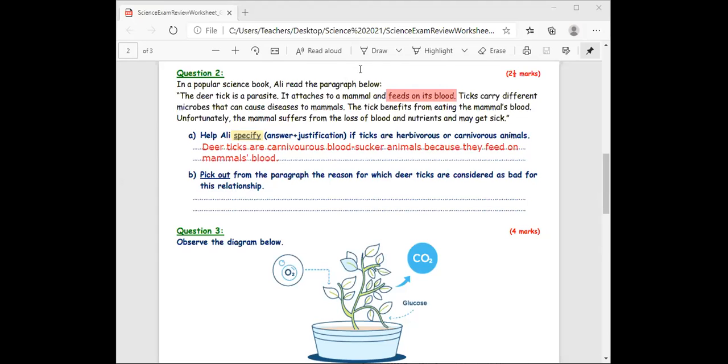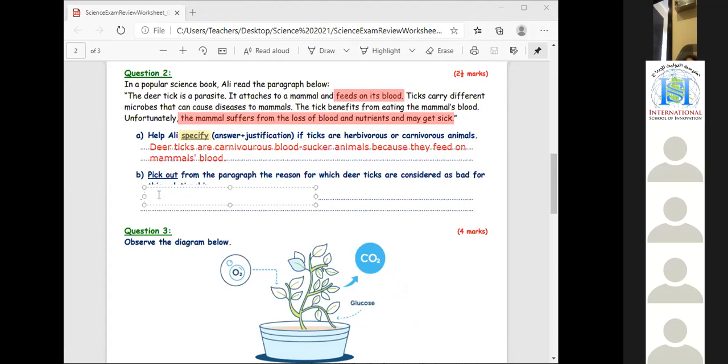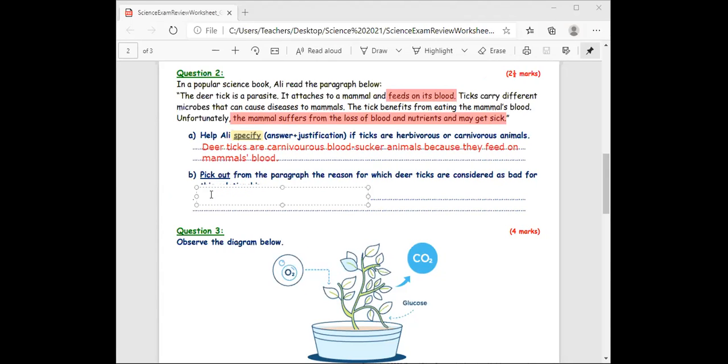Excellent. The mammal suffers from what? From losing their blood, and they may get sick. Excellent.